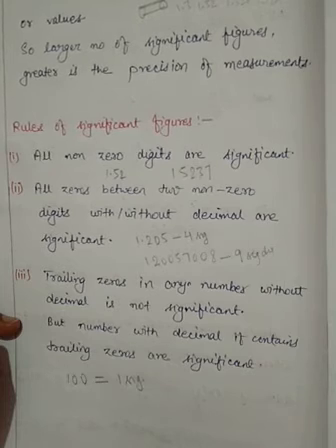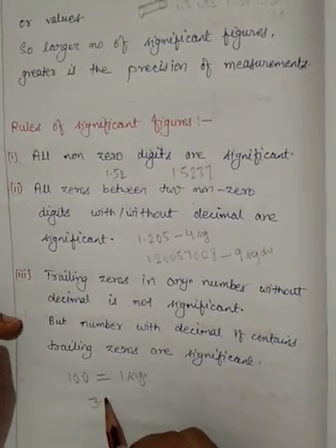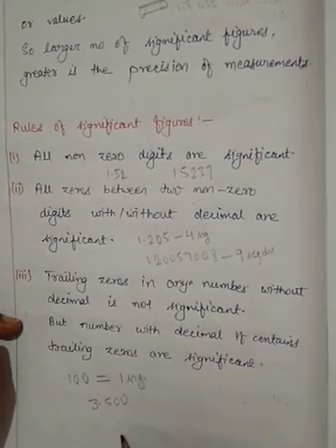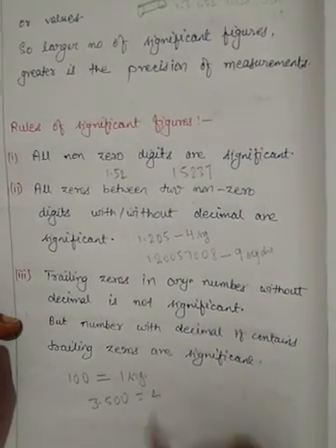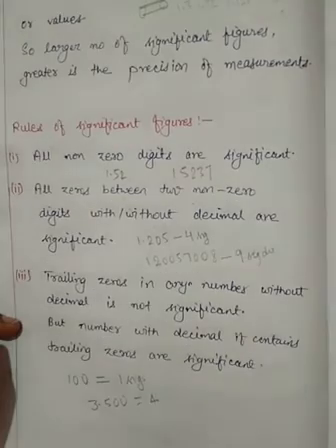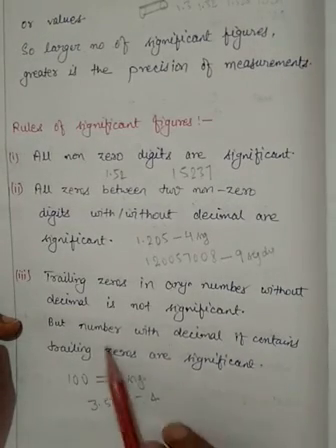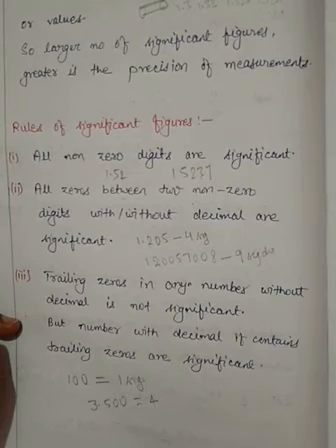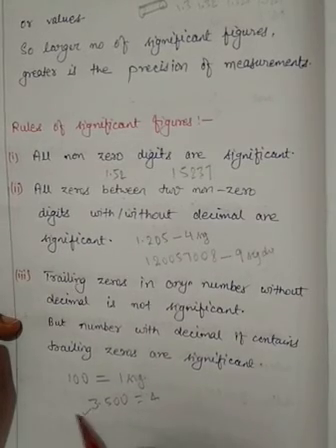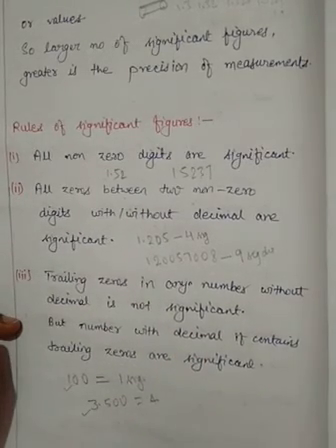Okay. So normally, suppose we have an example of 3.500. From the significant figure rule, it has 4 digits. Why does it have 4 digits? Because we have already said that numbers with decimal, if they have trailing zeros, they are significant. So these are the only variations which you will get.